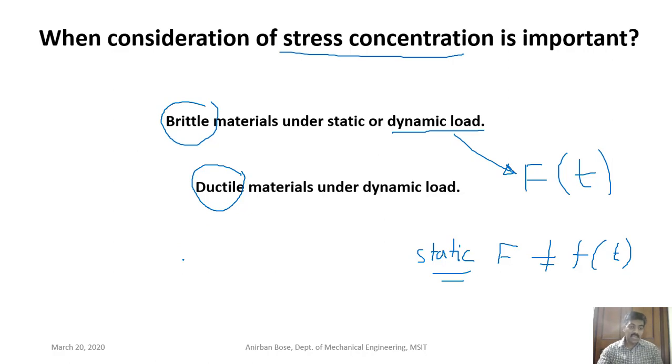The reason is that in ductile material a substantial amount of plastic deformation takes place. So around the stress risers, since the stresses are very high, if they go above the yield point, then local plastic deformation takes place in ductile material, and that redistributes the stress.